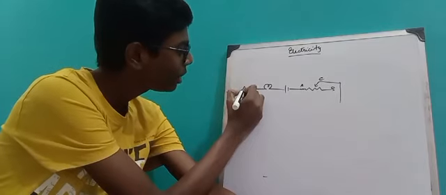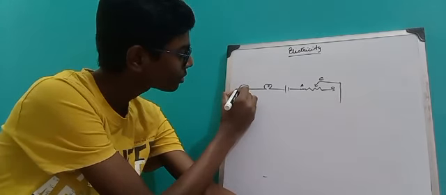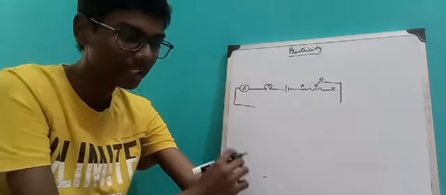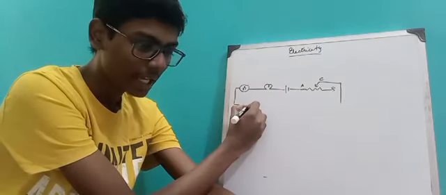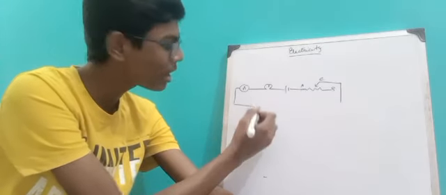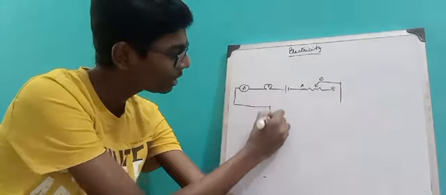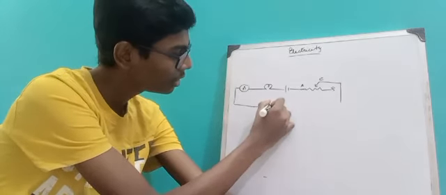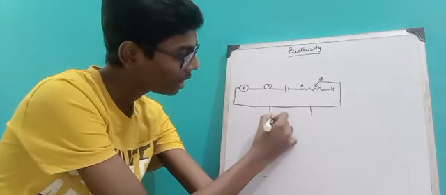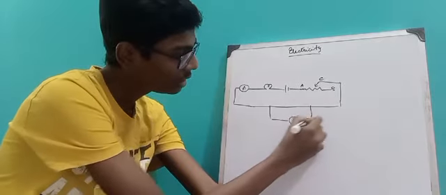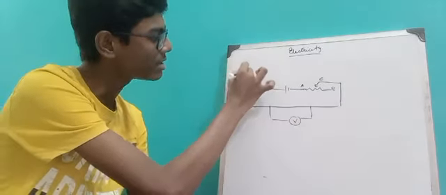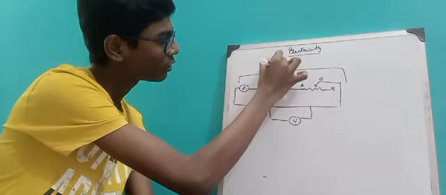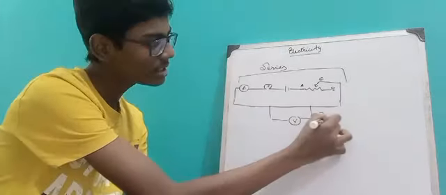Now here let me add your ammeter. It will come down like this. And here we can also add one more bulb if we want, but I am not adding. Now from here we have to add our voltmeter. These all are in series, but this is in parallel.